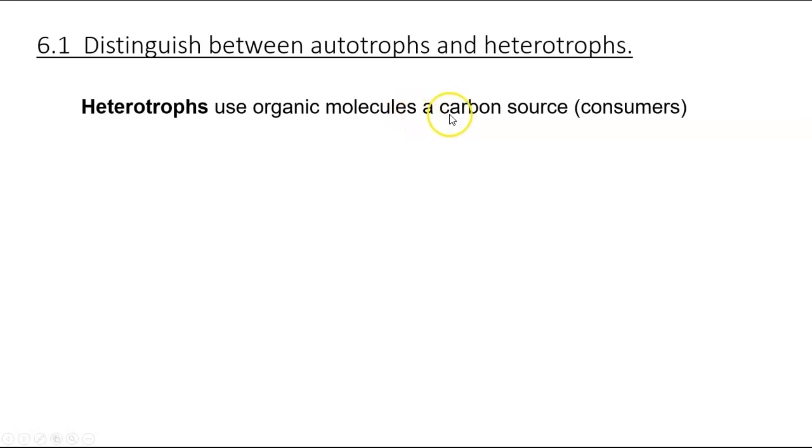So they use organic molecules as a carbon source. When we need carbon, we eat food. We eat carbohydrates, proteins, and lipids, and they provide us not only with energy, but they're our source of carbon. So we get it from something other than ourselves, hetero.